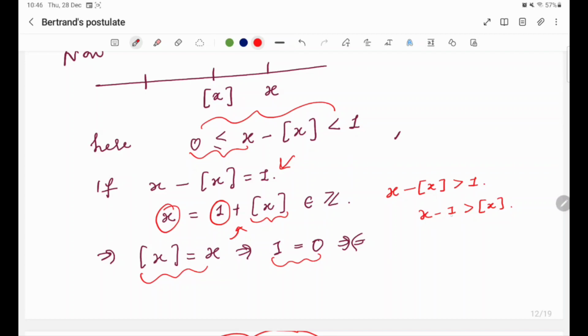So that means box x is less than x minus 1, which is less than, of course, x, right?